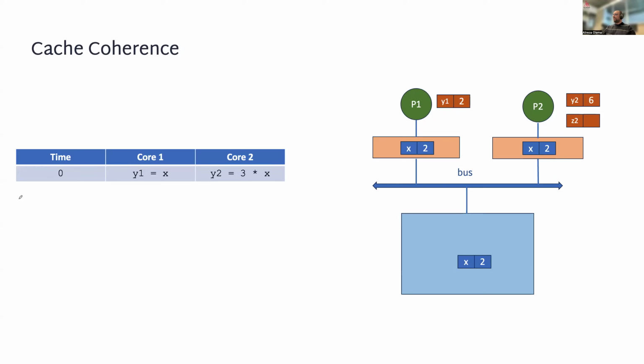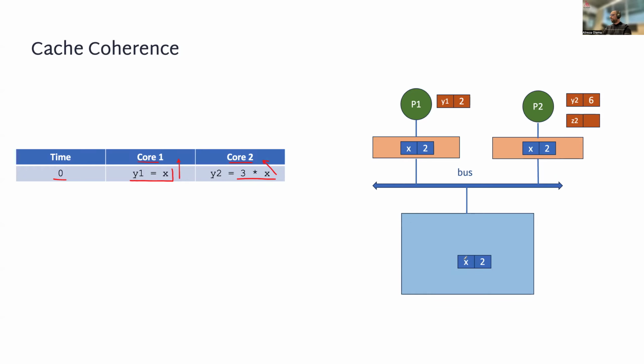Assume at time step 0, these are the computations that are done by the first core and the second core, P1 and P2. Assume in the first time step, we want to assign y1 equals x in the first core, and y2 equals 3 times x in the second core. What is done is the following.